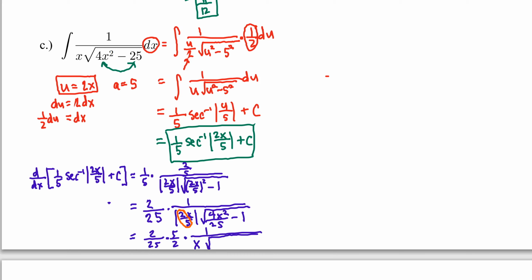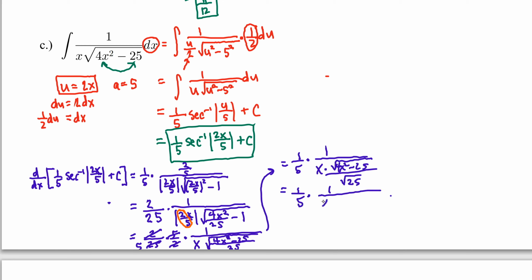Now let's go ahead and get a common denominator under the radical. We'd end up with 4x squared minus 25 all divided by 25. We can simplify further. Notice here we can cancel our constants. We have 1/5 times 1 over x. Let's split our radical up. In the numerator we have square root of 4x squared minus 25, and in the bottom we have a square root of 25.